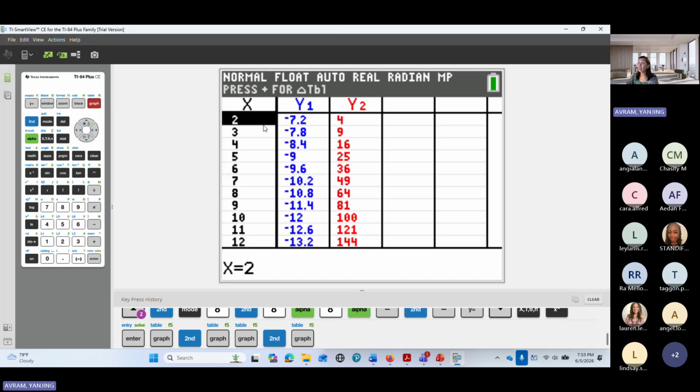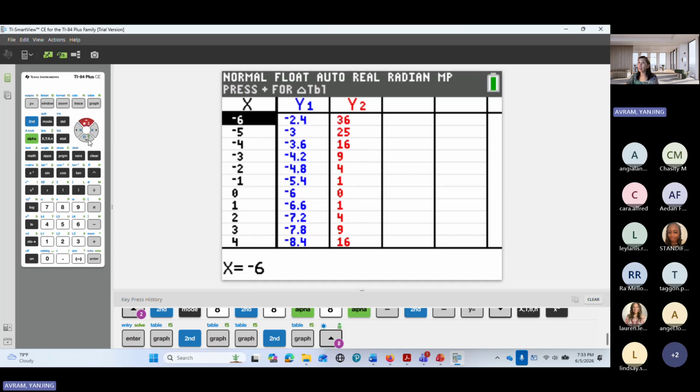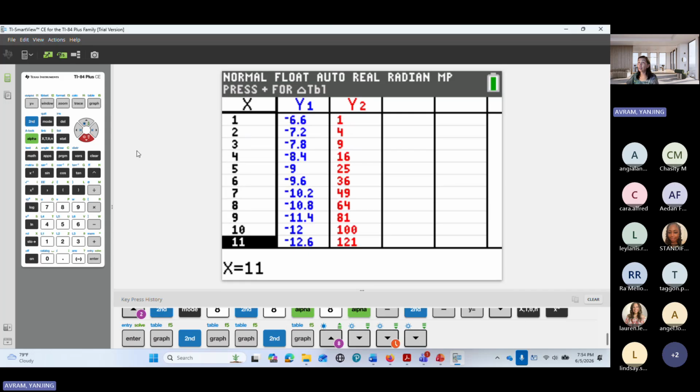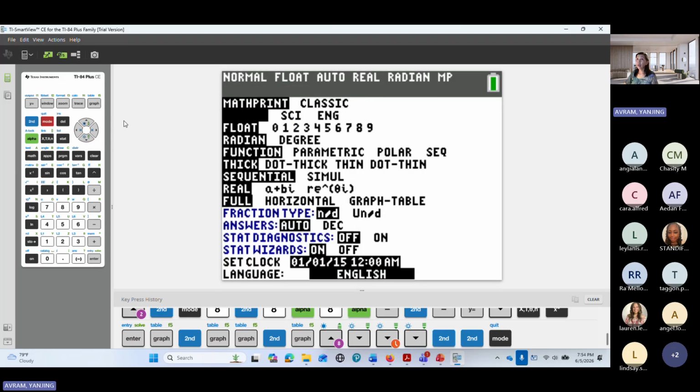All right, so now you can see when x equals 2, y will be 4, since y is equal to x squared. So 2 squared will be 4, 3 squared will be 9 right here. All right, and then you can go up and down for the x and y values, okay? All right, so yeah, a graphing calculator will be pretty helpful in here.